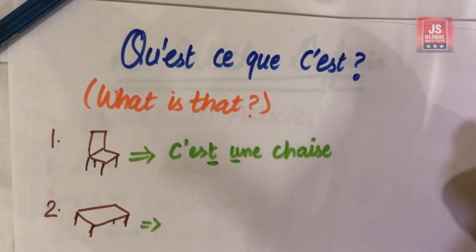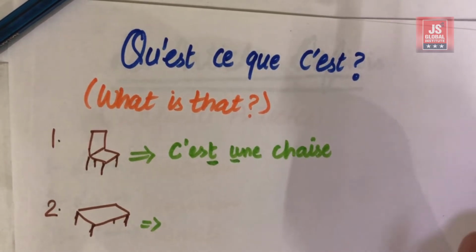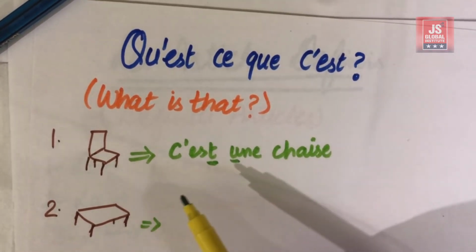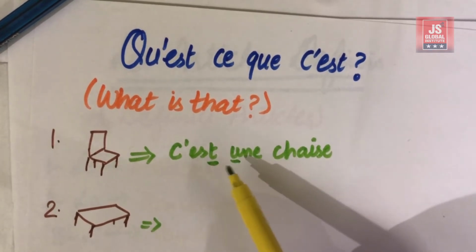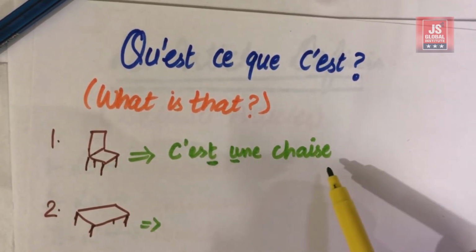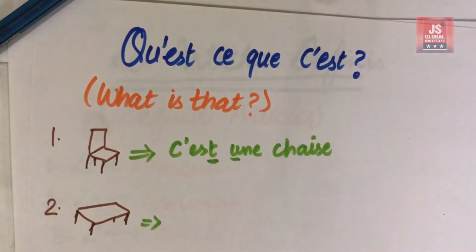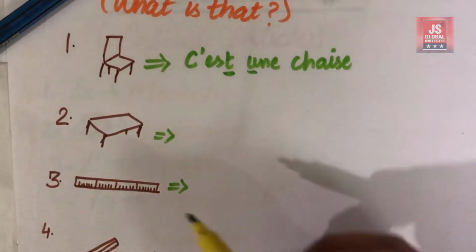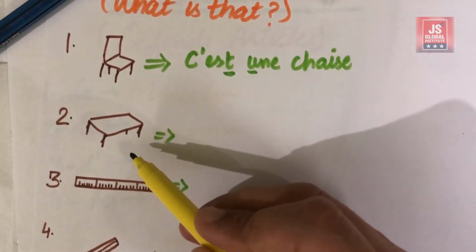In French, usually everything is connected. Alright, so they speak all the things in a single flow. So what will you say? Madame, c'est une chaise. Alright, moving on. If I pointed out here and said, qu'est-ce que c'est?